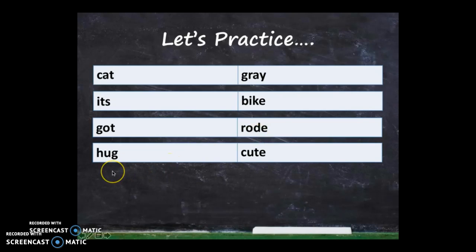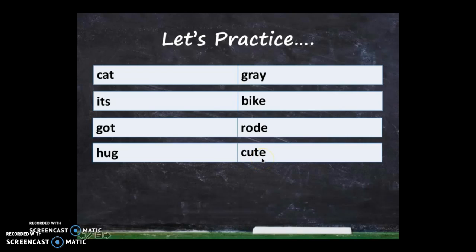Let's look at our last pair of words. The first one we have is hug. Talk with your learning guide and see if you can figure out if this is a short U sound or a long U sound. If you said a short U sound, you were correct. Let's look at the word cute.